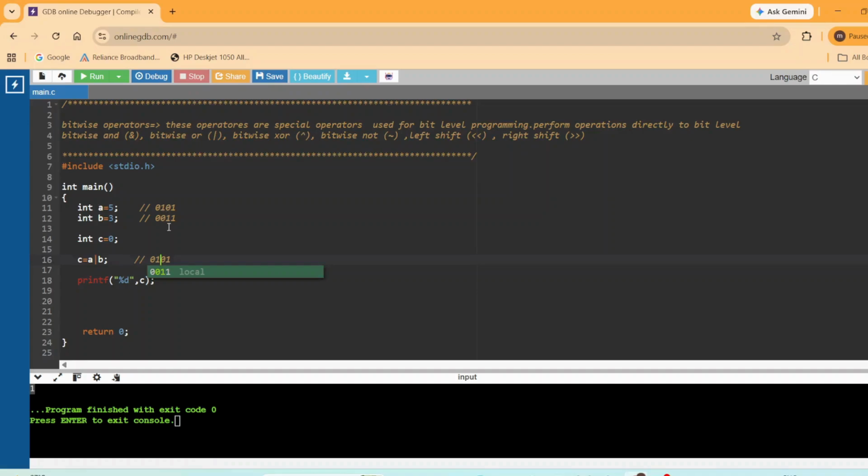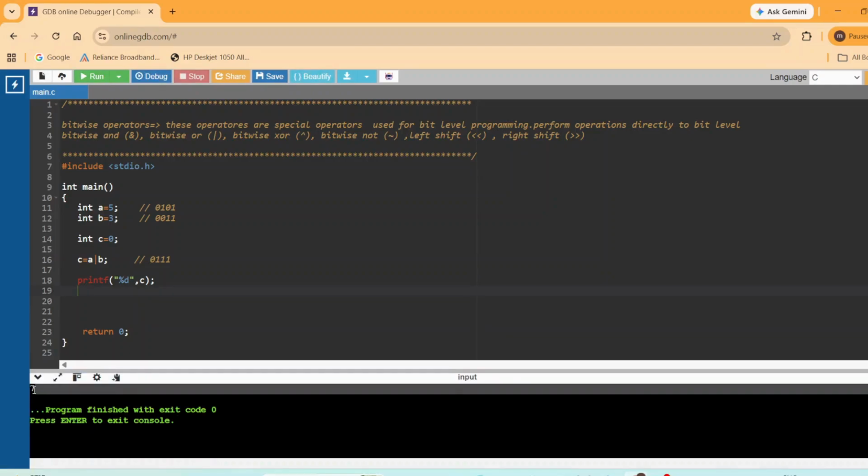And next is 0, 1, that means this is 1. And next is 1, 1, so that is also 1. So this is 7, right? 1, 2, 4, 6 plus 1, 7. So we will run this, and we get output 7.